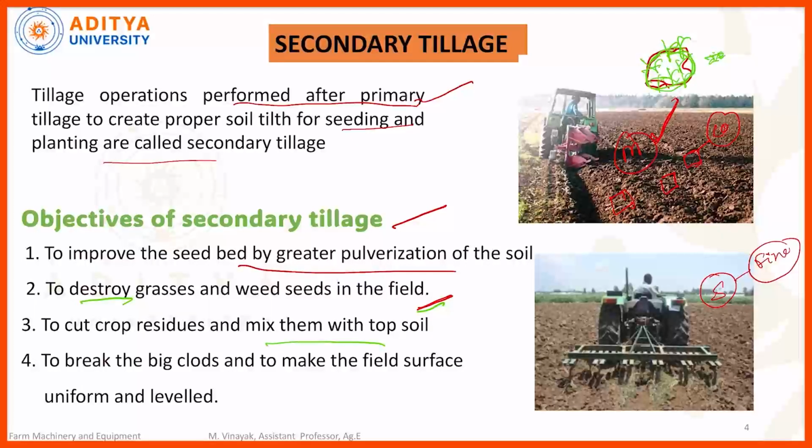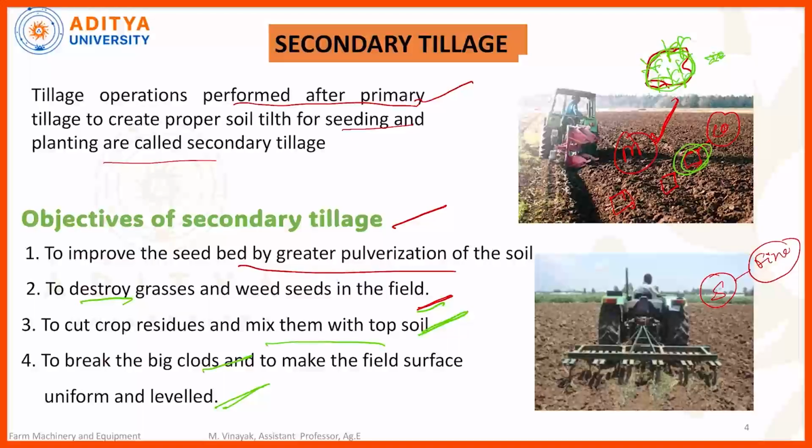It just opens the hard layer of the soil, so it cannot mix the soil. By using the secondary tillage only, we can mix the crop residues, break the big clods and make the field surface a uniform level. I just explained the breaking of the clod size.